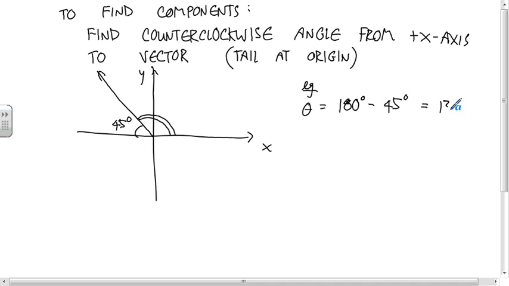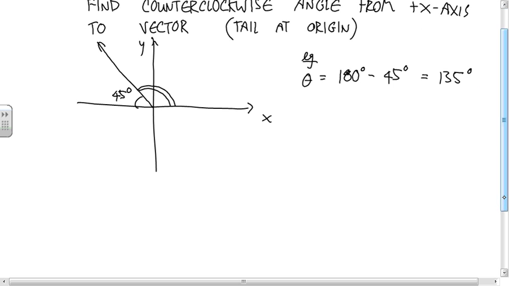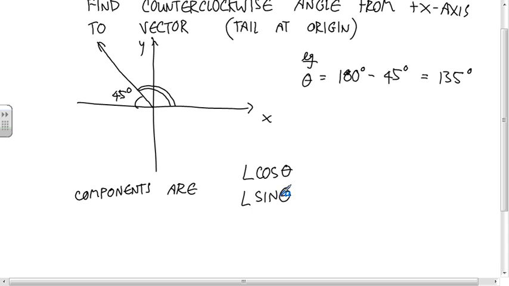So the angle is 135. And then once you have that angle, the vector components are the length of the vector times the cosine of the angle, and the length of the vector times the sine of the angle.